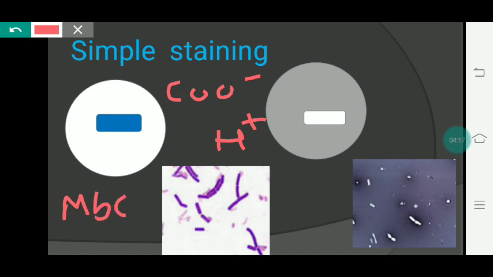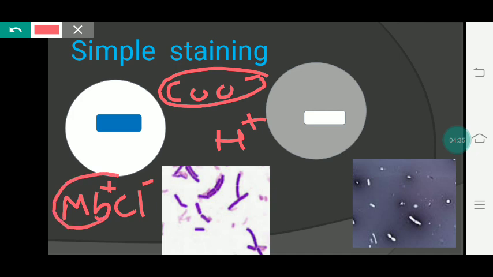Methylene blue has a positive charge, and chloride has a negative charge. So the bacterial surface is negatively charged, acidic in nature, and methylene blue is positively charged, basic in nature, so it's a basic dye.